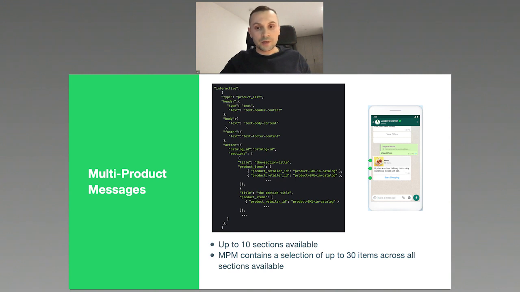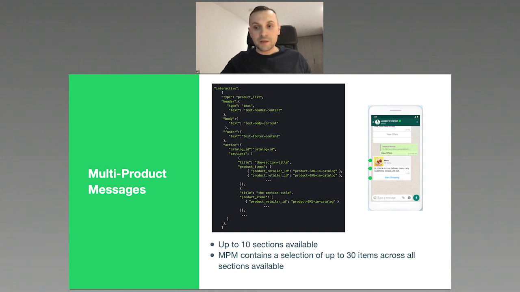For multi-product messages, this type of message allows you to send a customer up to 30 product items in one message. Those items can be split into sections, and only up to 10 sections are available. But the total number of items across all sections shouldn't exceed 30.